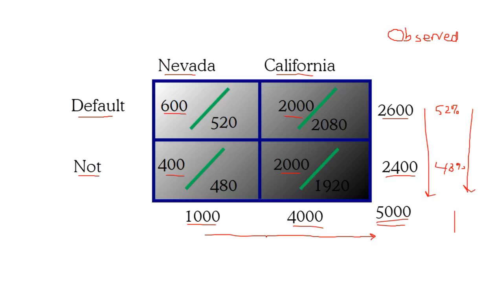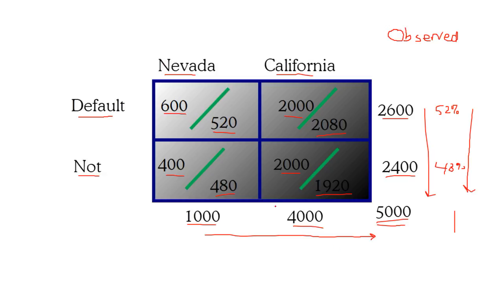Okay? Now, you're saying, so now what I know is 52% of 1,000 goes there. 48% of 1,000 goes there. 52% of 4,000 goes there. 48% of 4,000 goes there.